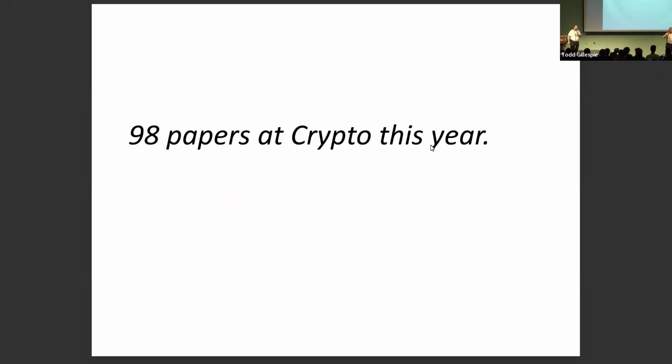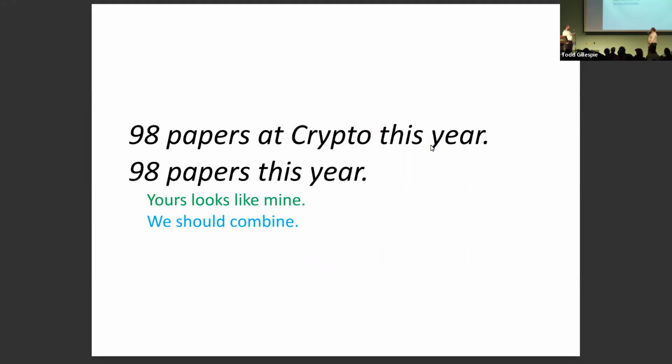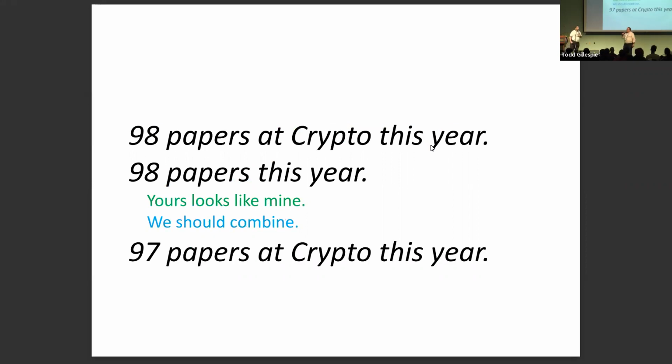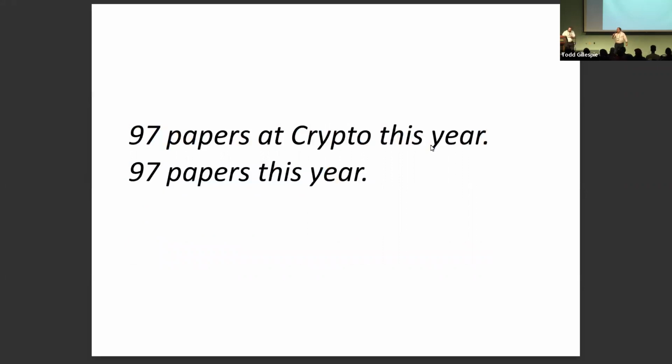Come on, everyone sing. 98 papers at Crypto this year. 98 papers this year. Looks like mine. We should combine. 97 papers at Crypto this year. 97 papers this year. What about Psych? What's not to like?